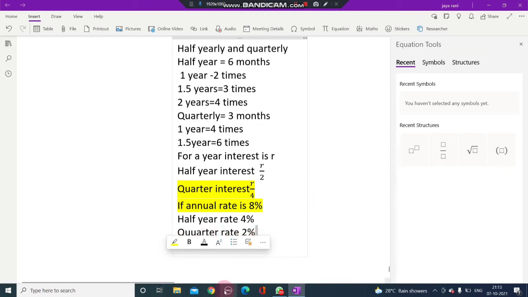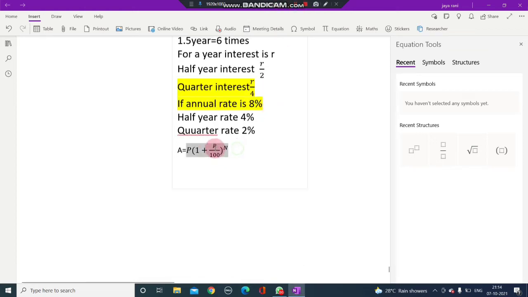Keep this in mind, and we can make use of the very same equation, P into 1 plus R by 100 raised to N, to find the half yearly and quarterly compounding. What is the equation?